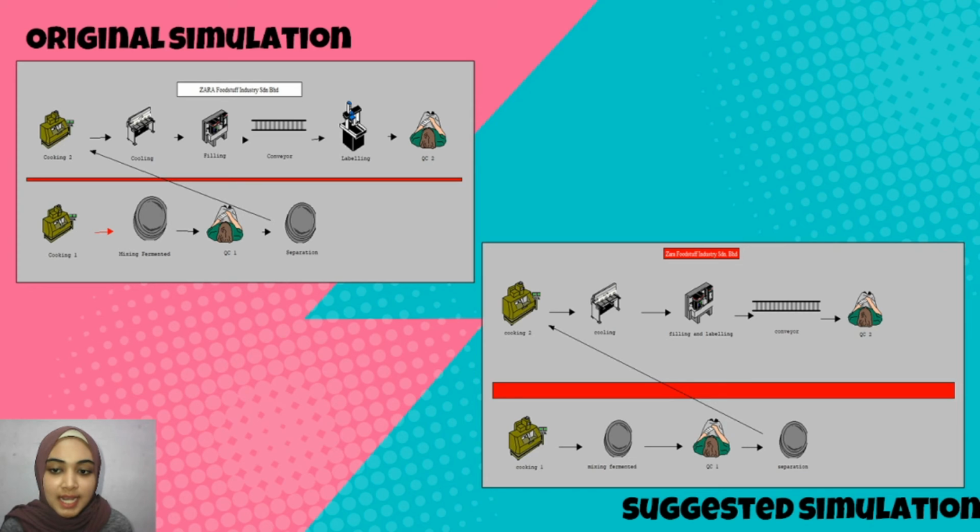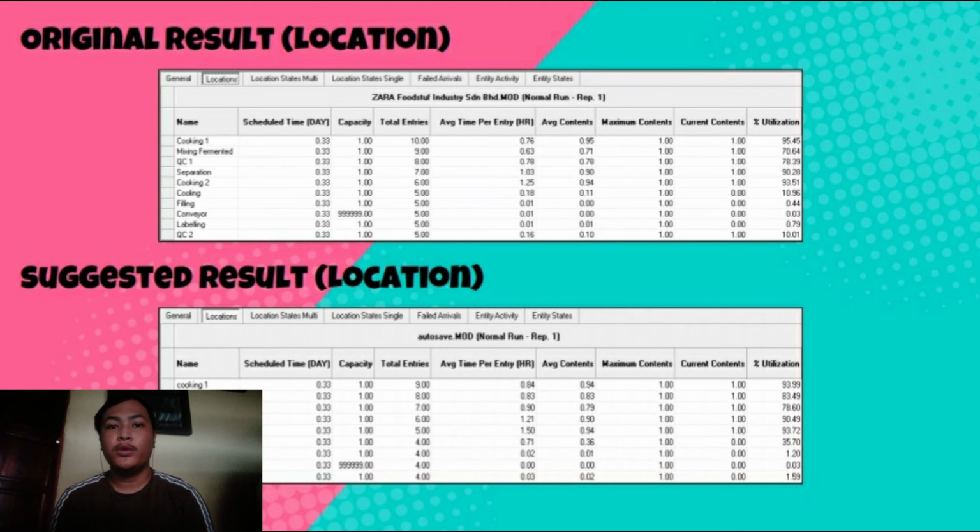In this process we can see that the filling and labeling are in one machine. And then we move to the conveyor, which is 30 feet, and lastly quality check by QA.